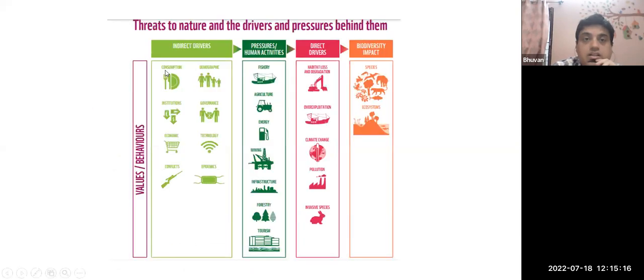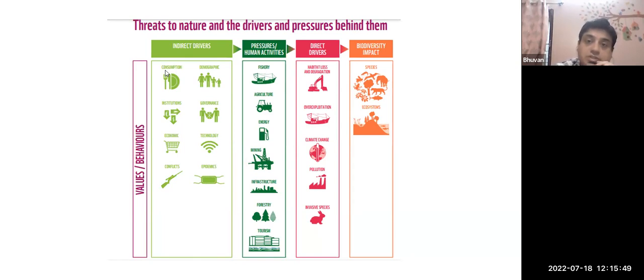And here, this diagram shows the various indirect and direct drivers which are leading to biodiversity loss. Indirect drivers include human consumption patterns, demographics, institutions, governance patterns, technology, economics, conflicts, along with epidemics. Direct drivers include excessive fishing, overfishing, agriculture, energy, mining, infrastructure, forestry, and tourism.